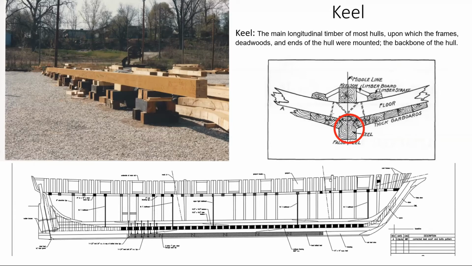It says floor here, so that's one of the timbers of the frame. One part of it is called the floor, the part that goes across the keel, and the other parts that go upwards as they interlock are called the futtocks. And then tying on top, we have the keelson.